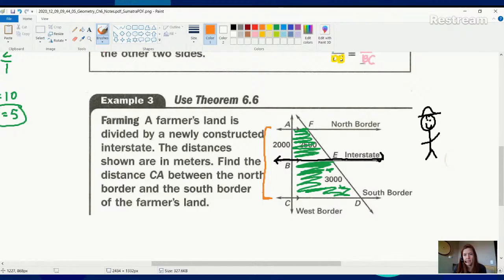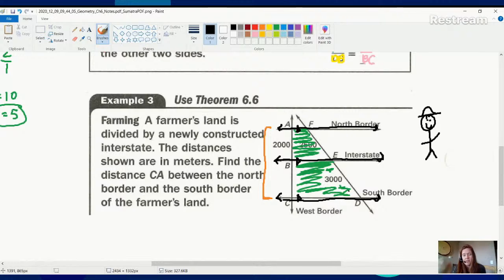What you'll notice is that the northern border of the farmer's land, the southern border, and the interstate are all parallel to each other. So we've got three parallel lines, the north border, the south border, and the interstate, and they're cut by two transversals, one on the west and one on the east.